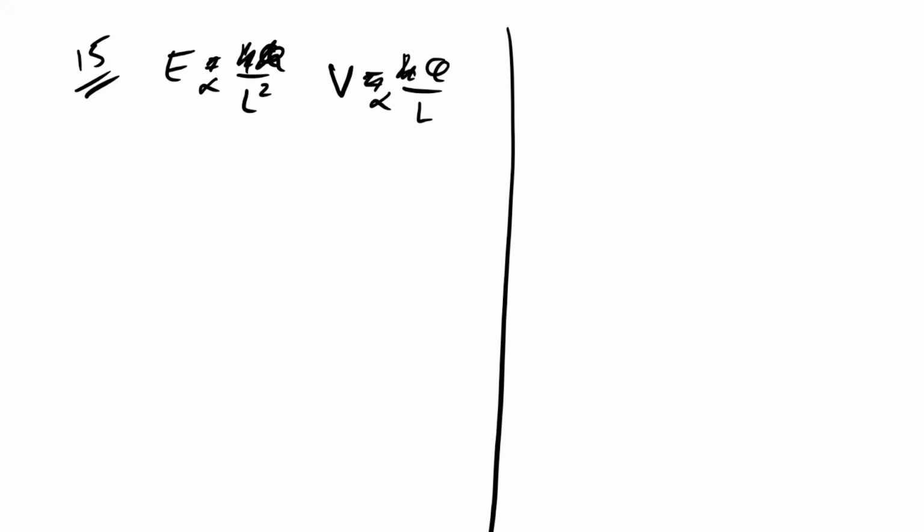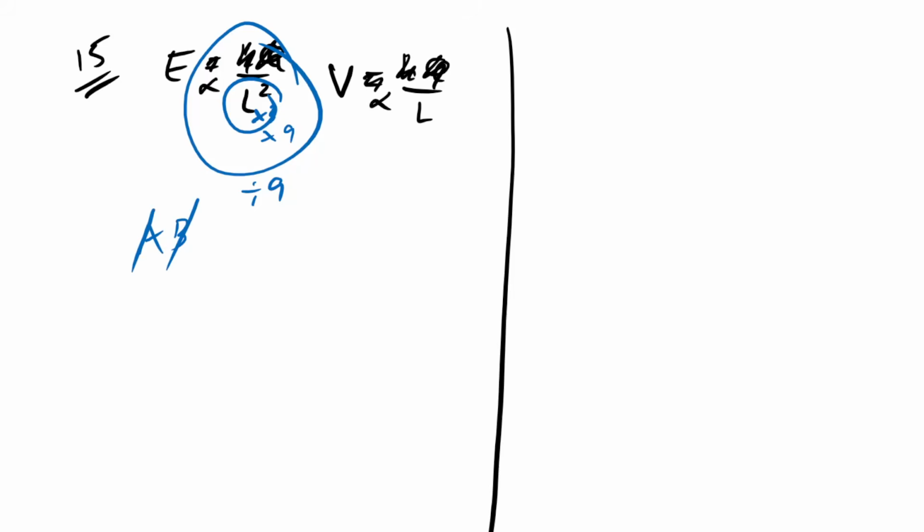And of course, it's the same charge, so that's all we care about. So 3L, therefore, times this by 3. So therefore, the whole thing is going up by times 9. So E is going down by a factor of 9. So therefore, we know field strength has to be going down by a factor of 9. So it can't be A or B. And then we know it's just going to be times 3 here. So therefore, the answer has to be C.